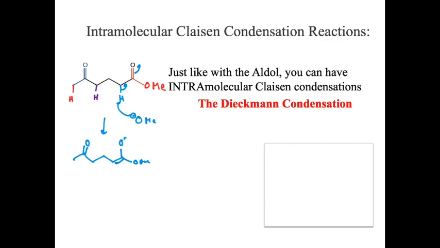We could have the negative come down, and now we can have that pi bond, which is our nucleophile, attack the electrophile. What would our electrophile be? The carbonyl on the other side. One, two, three, four. As soon as we do that, we should have a giant red flag that we should probably stop drawing.